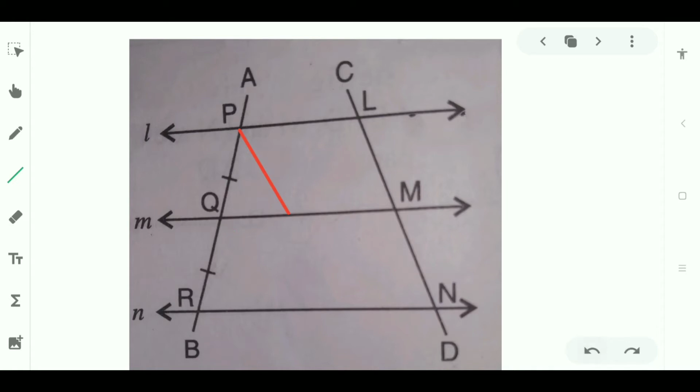The lines we draw must be parallel to CD, and hence parallel to LM and MN respectively.